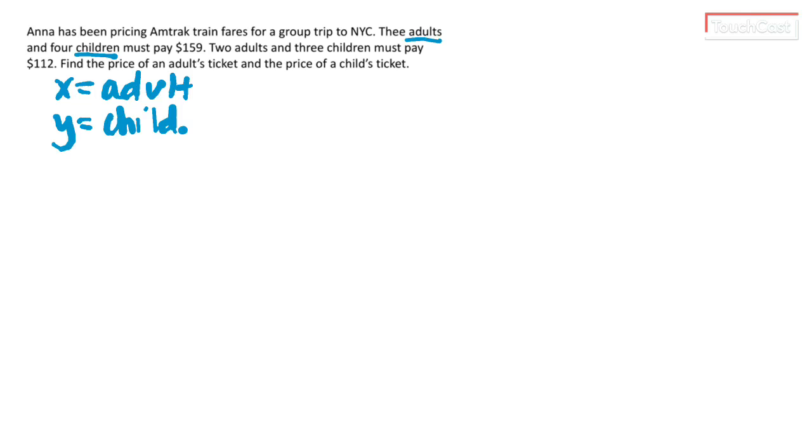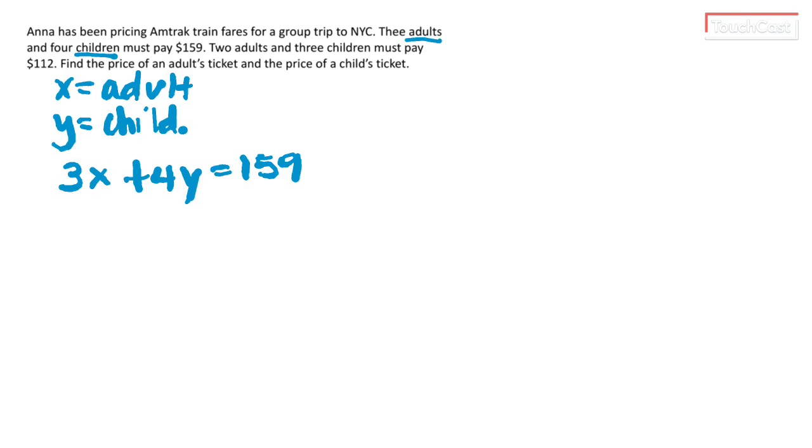And so what we'll find out is we have 3 adults and 4 children, and their combined amount of money that they have to pay for it is $159. So we've got 3 x's and 4 y's combined up to a total amount of money of $159. The problem we did in class looked at how many we had of things and then how much, and that is a standard type of problem.